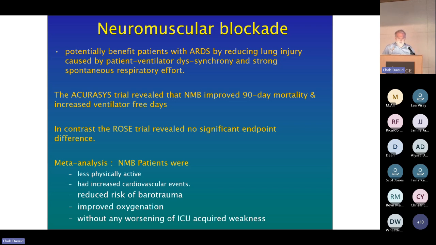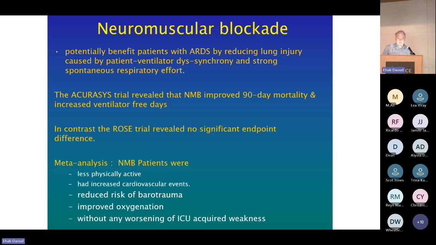That's not surprising at all, is it really? They didn't move as much. They had increased cardiovascular events, reduced risk of barotrauma, improved oxygenation, but without any worsening of ICU-acquired weakness. So although the muscle relaxation didn't do any good in the ROSE study, and in the meta-analysis, it appears they didn't seem to do any harm either.